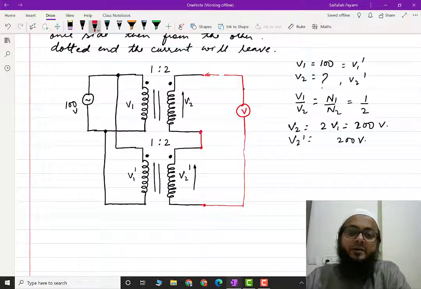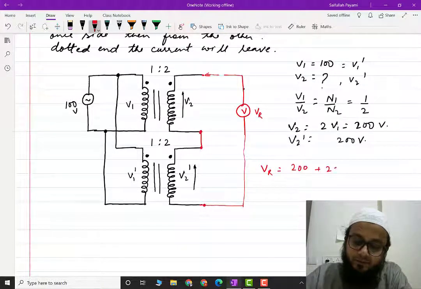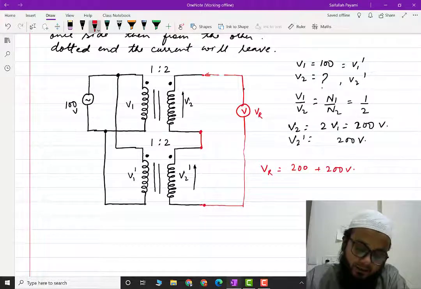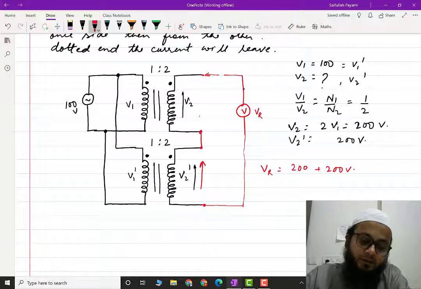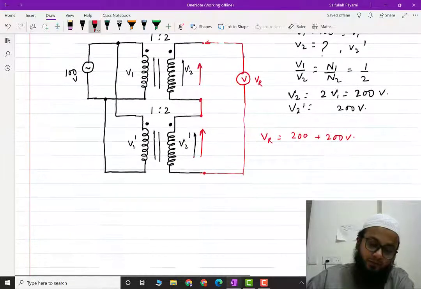Obviously this voltmeter will now read 400 volts. V resultant would be 200 volt plus 200 volt. This voltage is being generated in this direction, and here it is in this direction. So these two voltages will get added up, and this voltmeter will read this 400 volt.